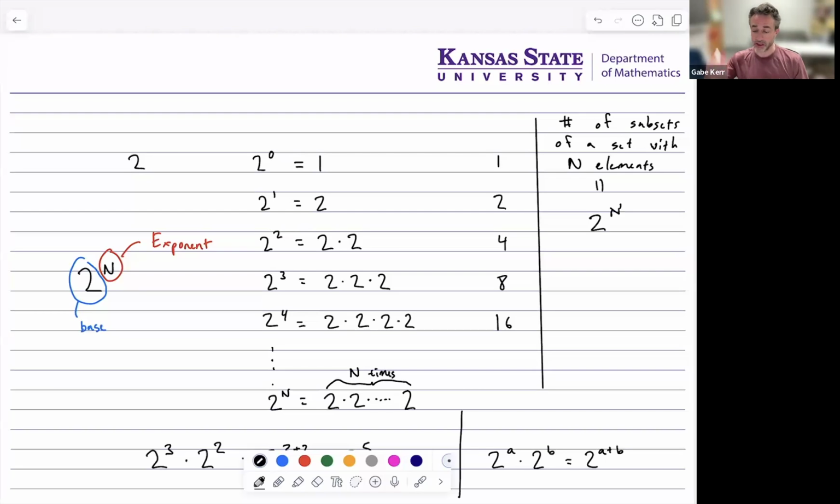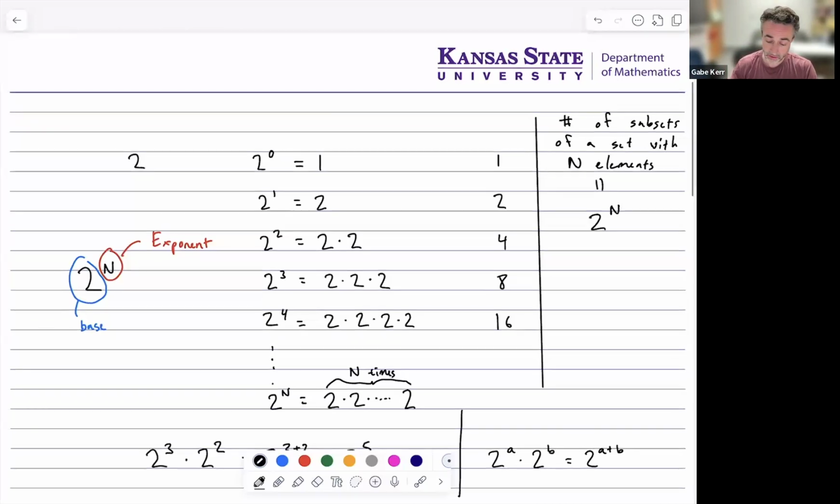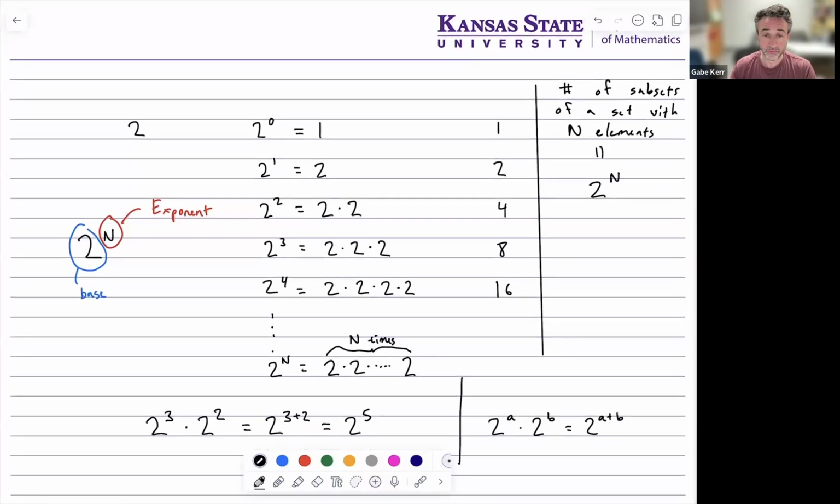So this is an exponential growth scenario. It just grows that quickly.